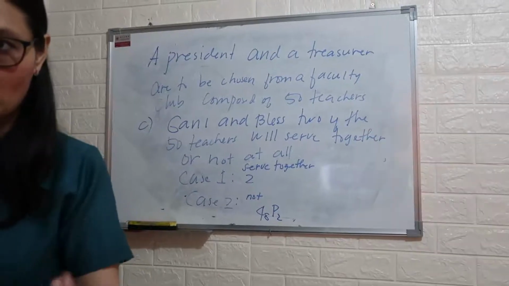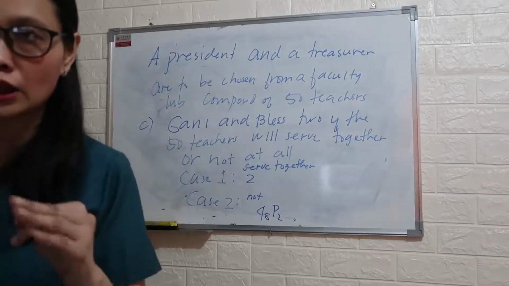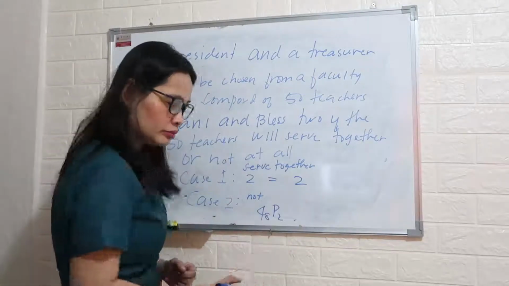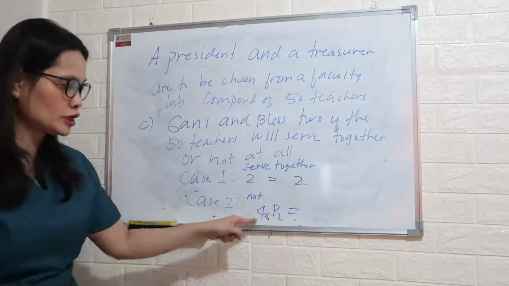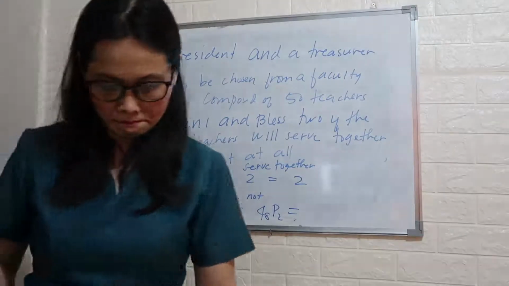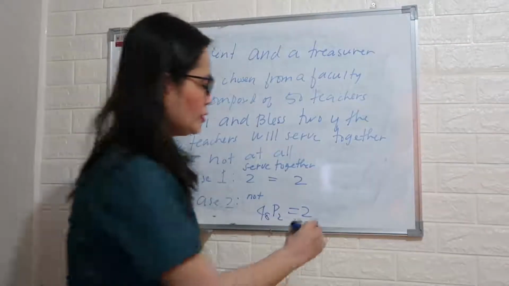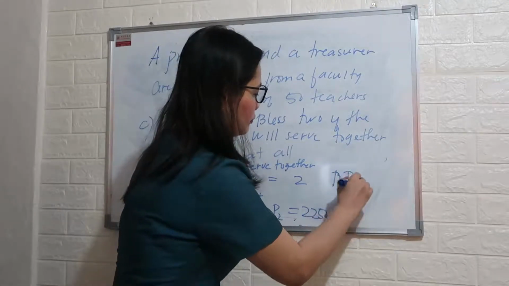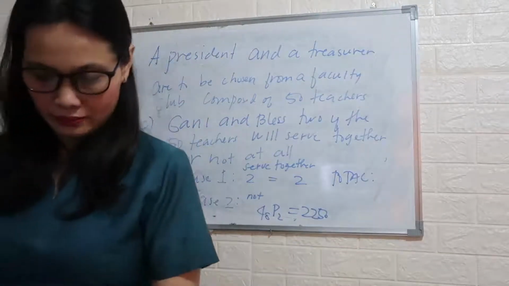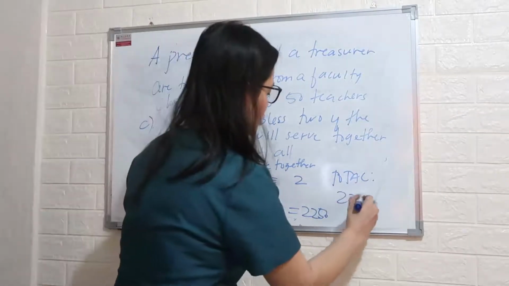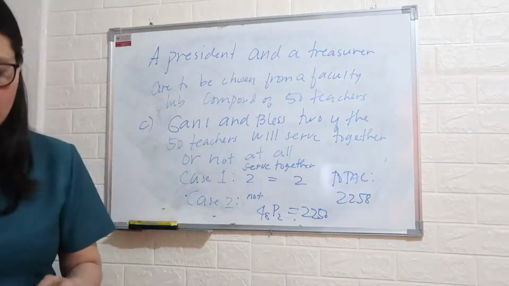So the treasurer and the president, we need to choose from the 48 remaining teachers. That's why we do have 48 taken 2. So case 1 is 2, and then not served is 48 taken 2. How many? 2,256. So what's the total? 2,258.